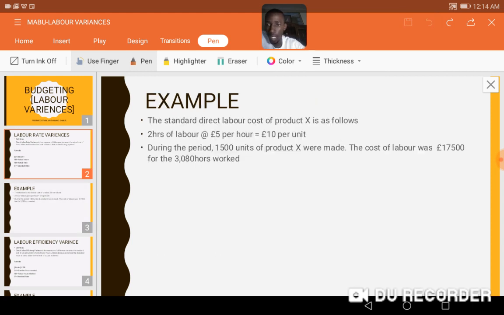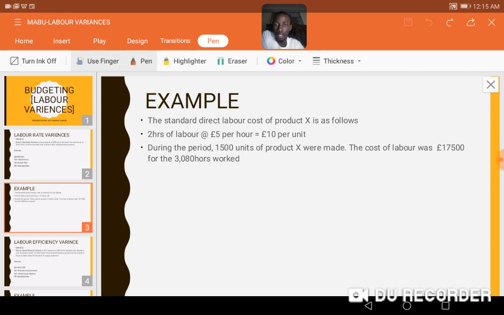Let's go to a question. They say the standard direct labor cost for product X is as follows: 2 hours of labor costing £5 per hour, making it £10 per unit. The cost of producing 1 unit, labor cost is £10 per unit.